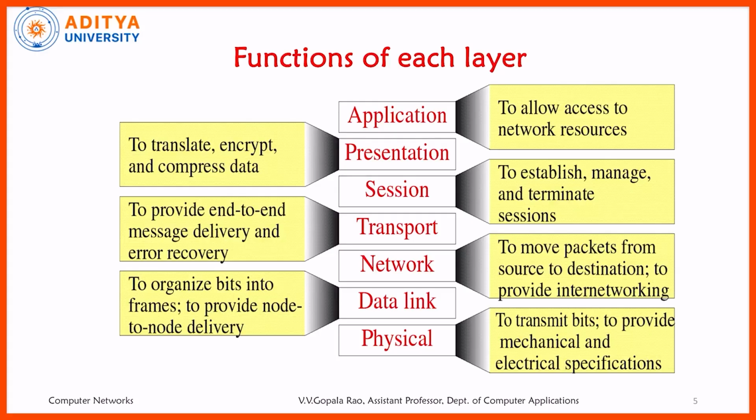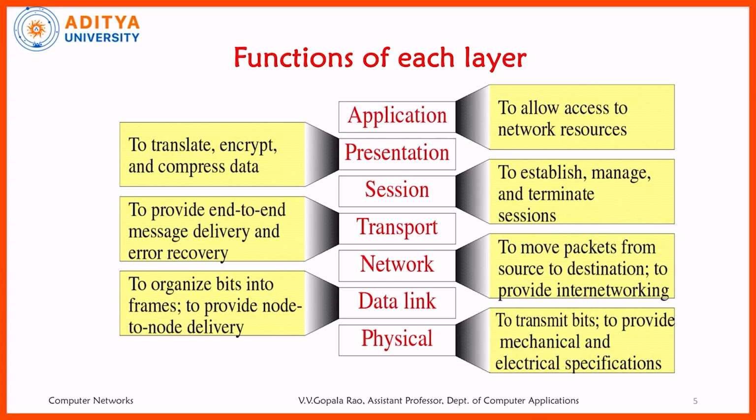And after that, once it is done, it is going to give the information to the transport layer. The transport layer is the middle layer, because above the transport layer there are 3 layers, and below the transport layer there are 3 layers. So the transport layer is the middle layer, and it has the vital responsibility of seeing that the transaction is done smoothly from end to end.